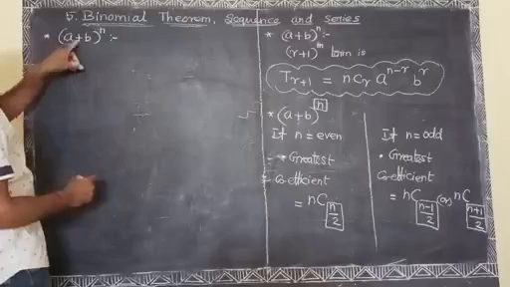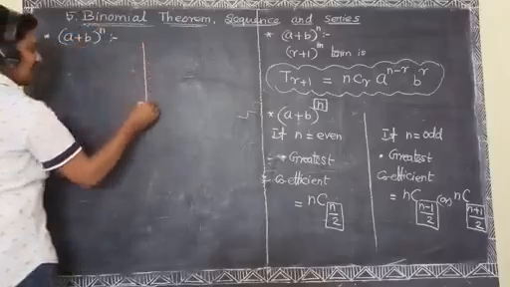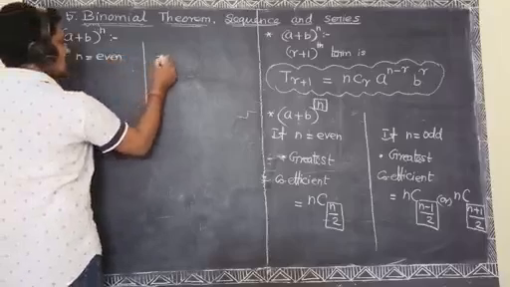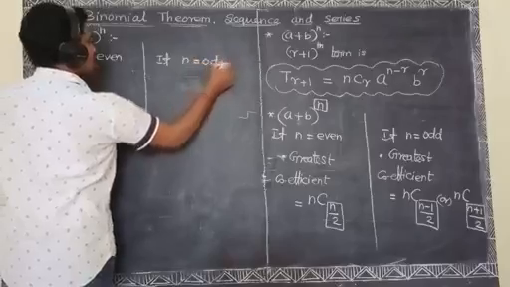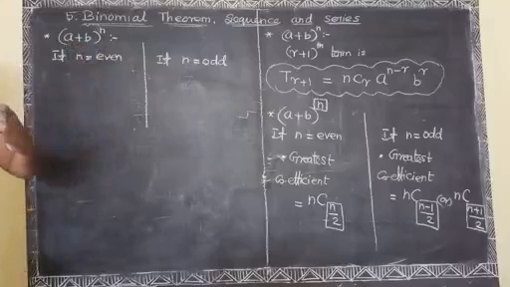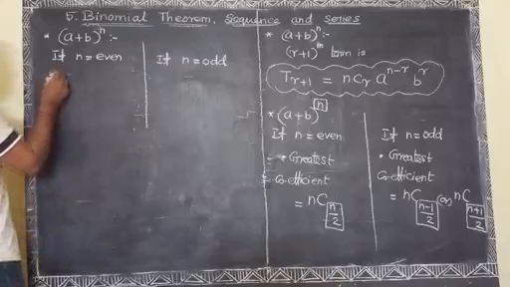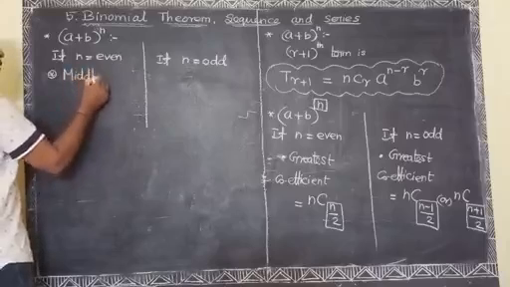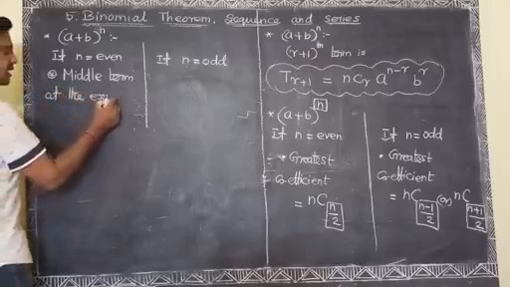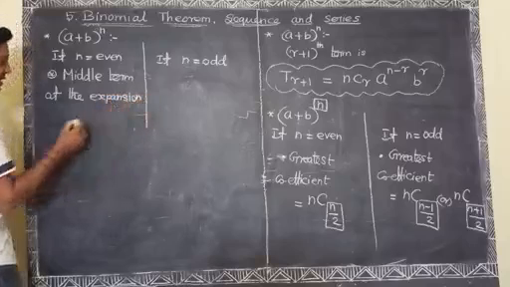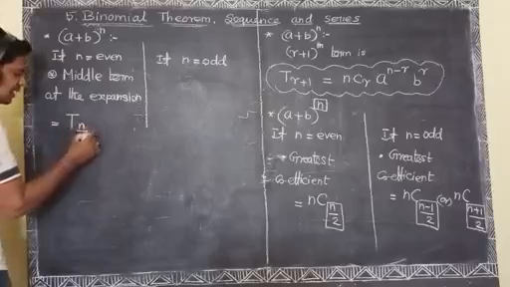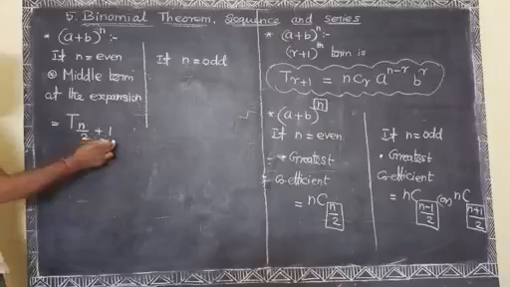Expanding (a plus b) whole power n, if n is even, find the middle term of the expansion, which is equal to T(n/2 plus 1).